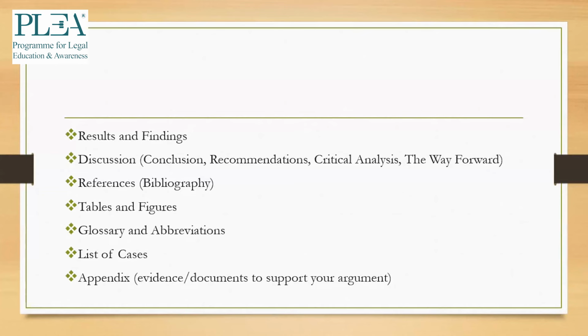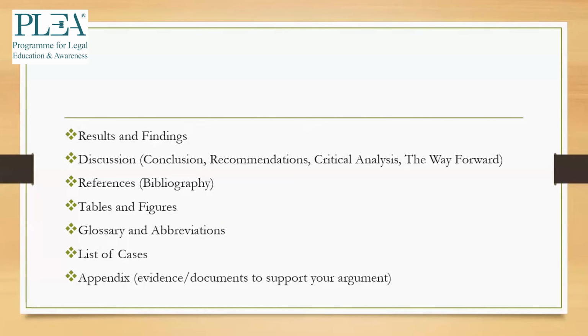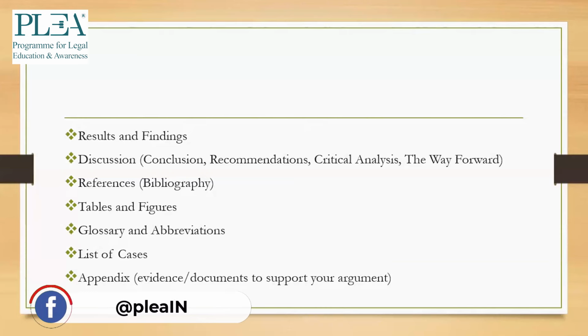That is your bibliography: the books that you refer to, the research papers that you refer to, the reports of international organizations, for example, UNESCO or World Health Organization or World Bank or International Monetary Fund or International Labour Organization, ILO. Whichever reports were relevant for your research, whichever statistics or data you have referred to, you need to give proper referencing.